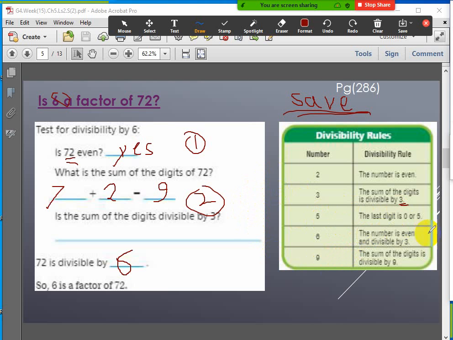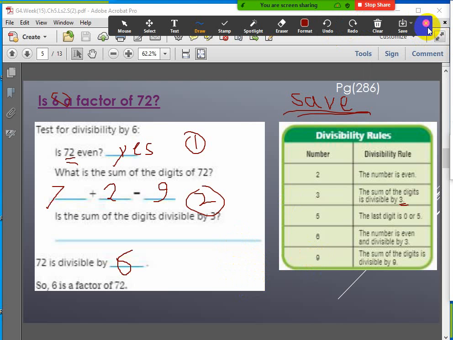Now, this rule told me if the number is even and divisible by 3, that means this number is divisible by 6 and 6 is a factor for this number. The last rule, the sum of the digits is divisible by 9. That means this number is divisible by 9 and 9 is a factor for this number.